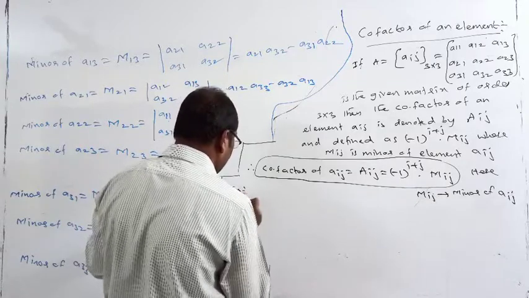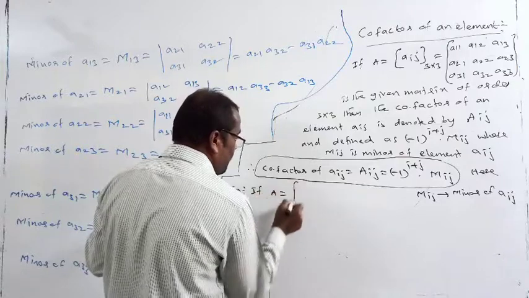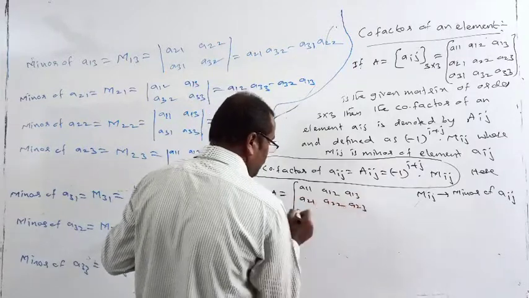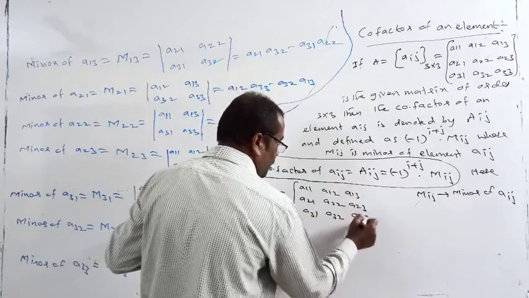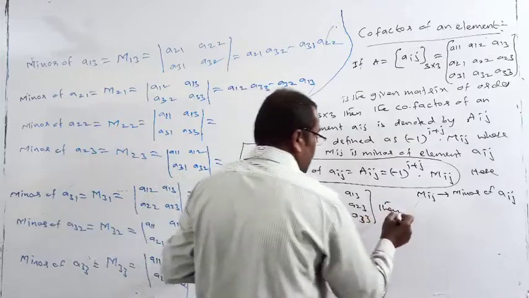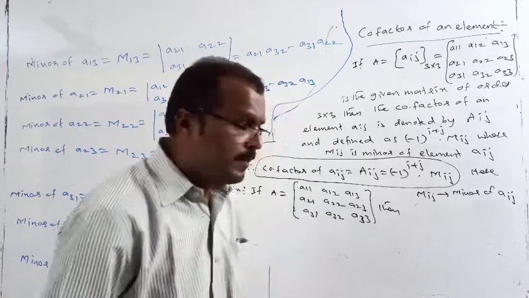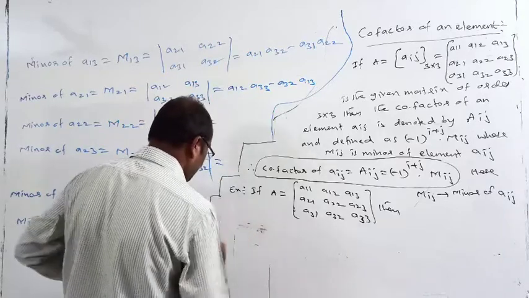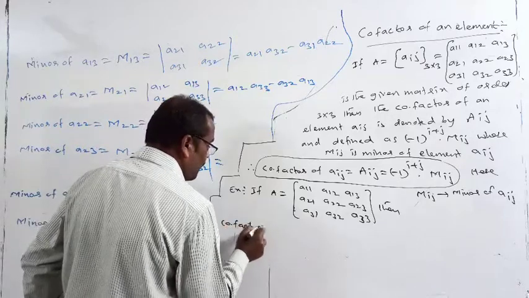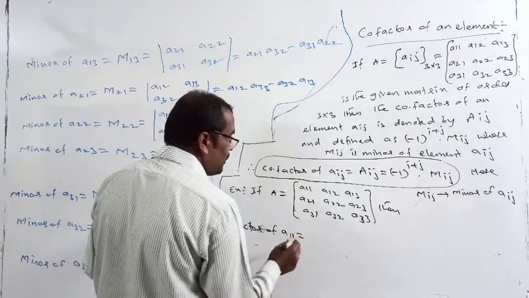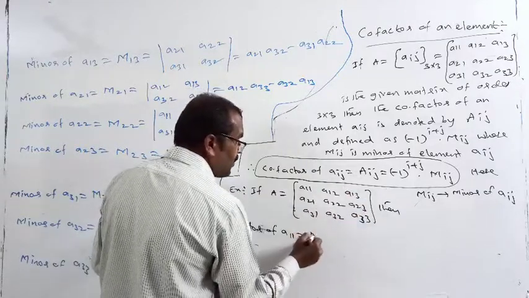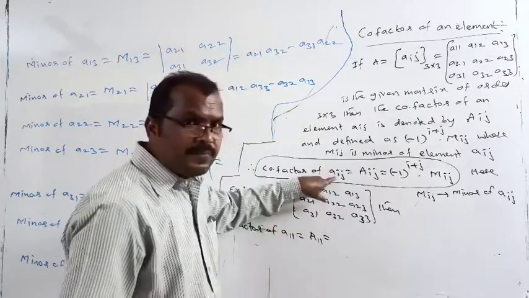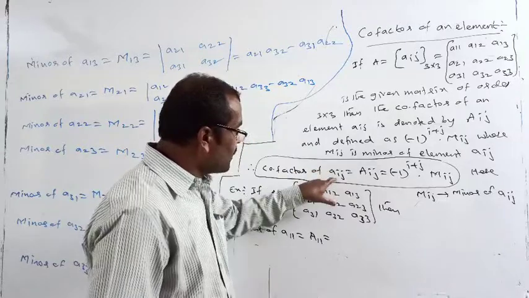If capital A is equal to A11, A12, A13, A21, A22, A23, A31, A32, A33, then number 1, the cofactor of A11 is equal to, now we are putting i equal to 1 and j equal to 1.